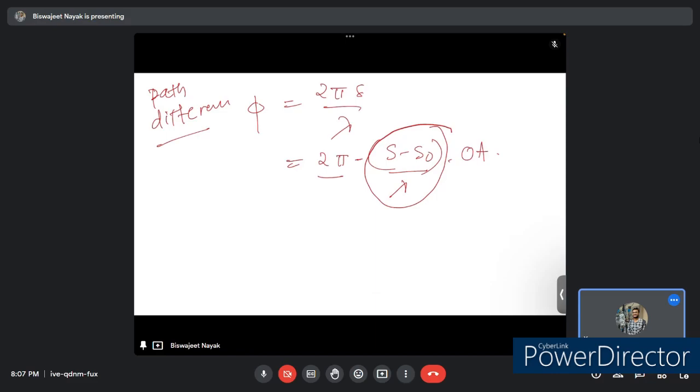So this one is correlated to the reciprocal lattice. We'll write the vectors in reciprocal space as b1, b2 and b3.